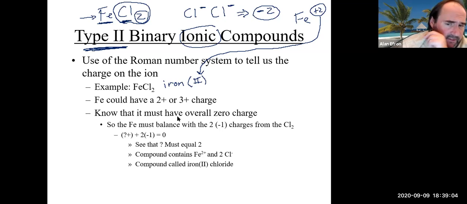So the actual Roman numeral is if you took that metal out, that positively charged metal, what the positive charge is on one of them. The last part is named exactly like what we did with type 1. Even though there's 2 of them, it is just going to get the IDE at the end of it, and this would be iron 2 chloride.